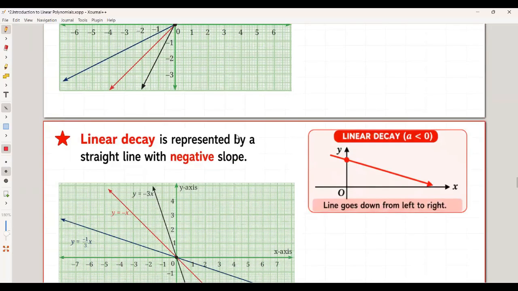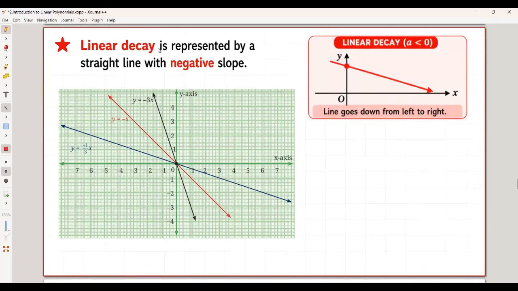Next, linear decay. A linear decay is represented by a straight line with negative slope. So for linear decay the a value should be less than 0. That means the line goes down from left to right for the negative slope.